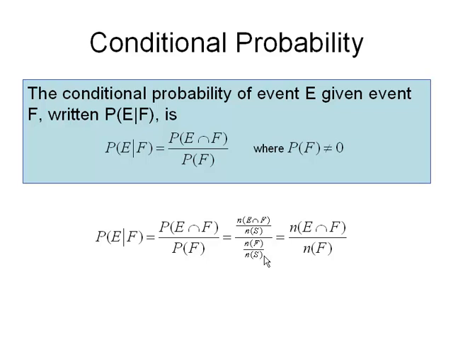The number of things in the sample space cancel out, and we're left with N(E intersected with F) divided by N(F). That's exactly what we were doing when we were counting the 10 and the 40. We were figuring out how many things were in the intersection and then how many things were in F. They're exactly the same. In some situations, though, it may be easier to apply the probability definition versus the intuitive notion of counting things up.